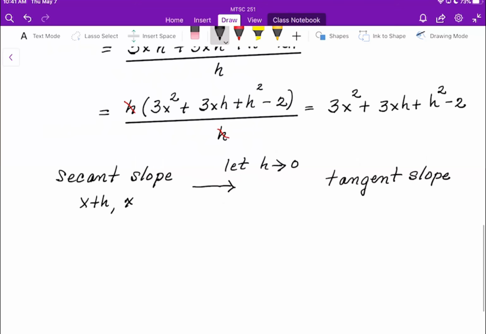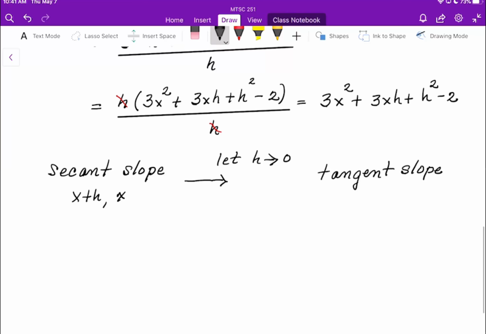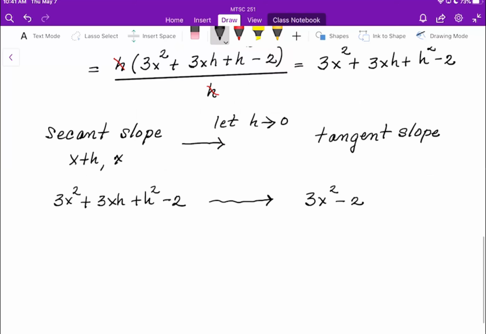So from our secant slope, we have 3x squared plus 3xh plus h squared minus 2. And again, if we let h go to 0, then we end up with 3x squared minus 2. So now we know our tangent slope.